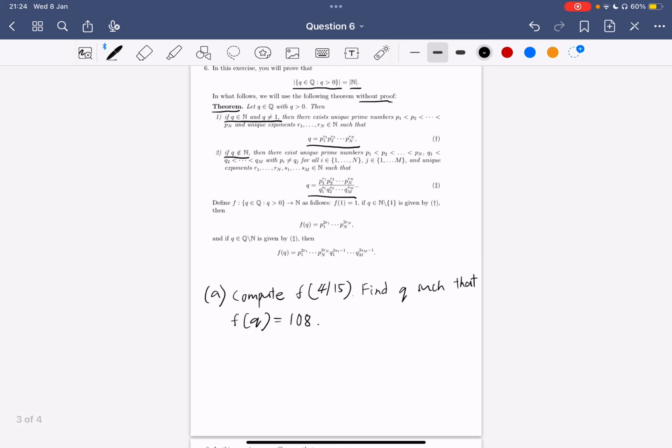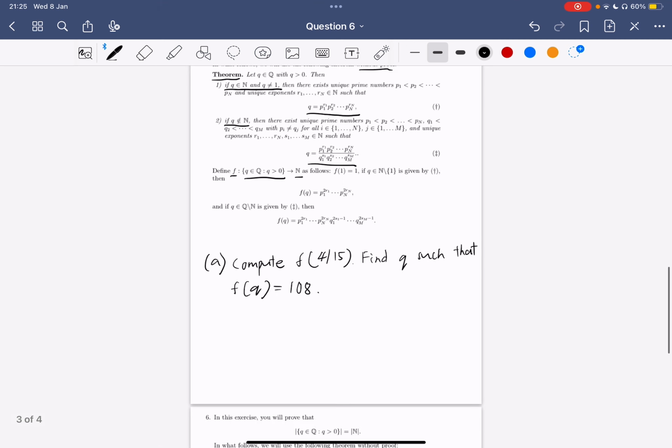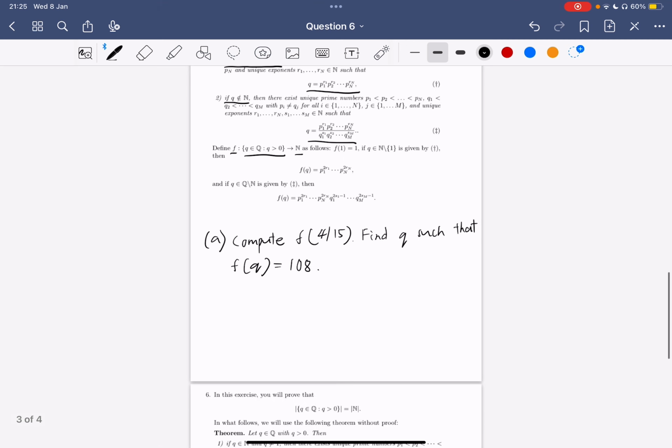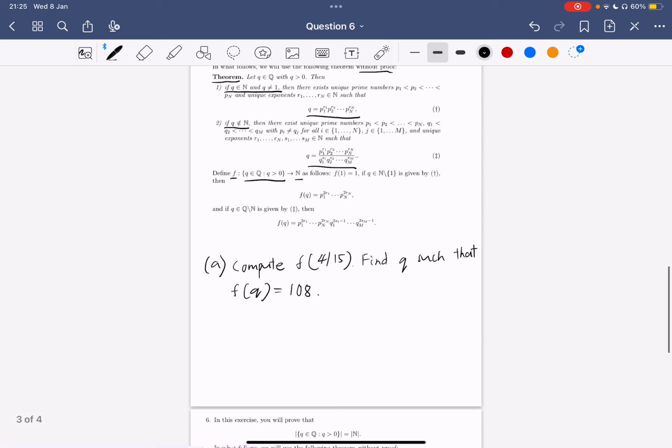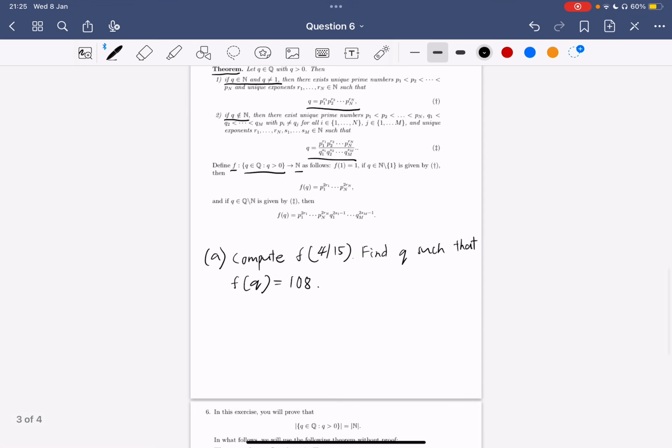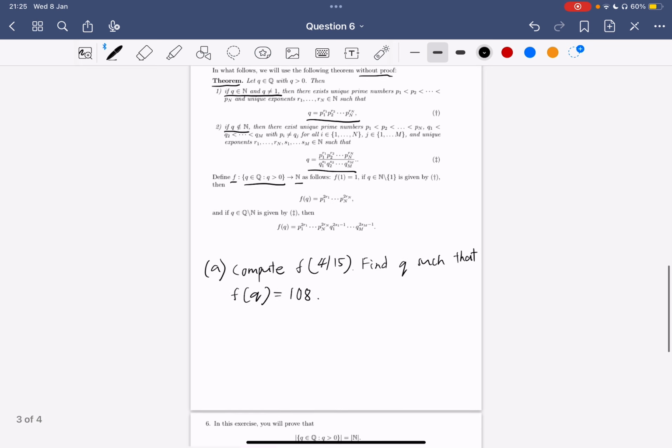And then we're given this function f here that maps the positive rational numbers to natural numbers. In part A, we are asked to compute what f of 4 over 15 is. Okay, so we'll start with that.